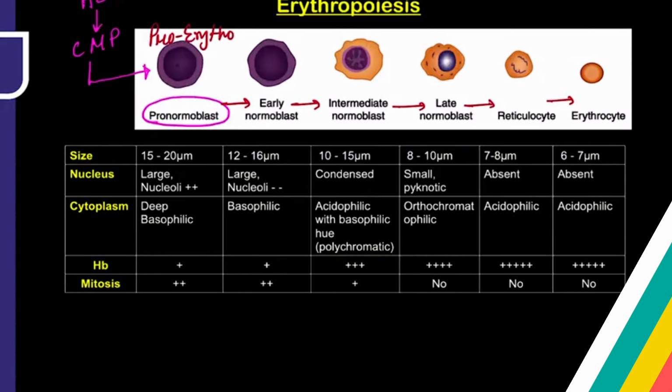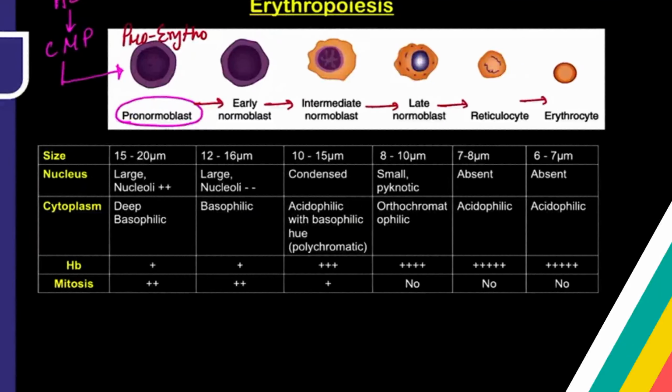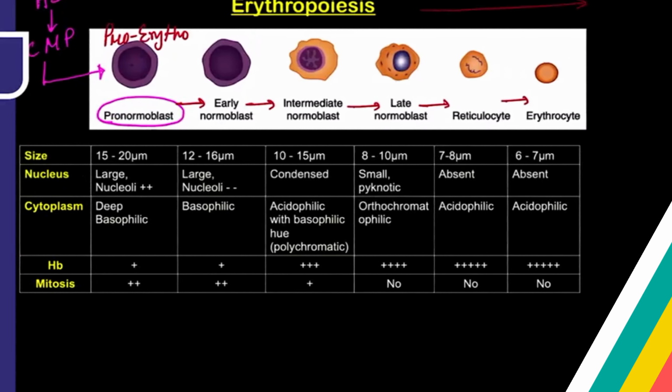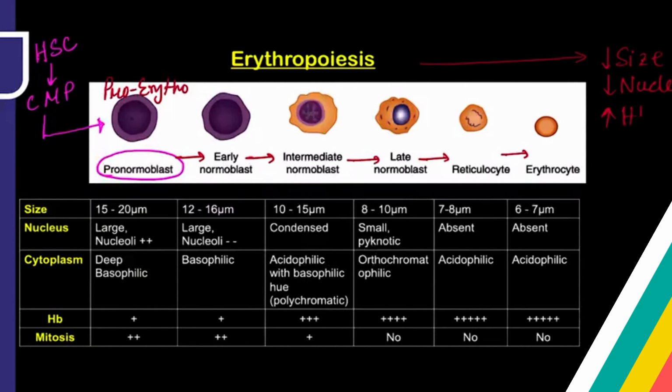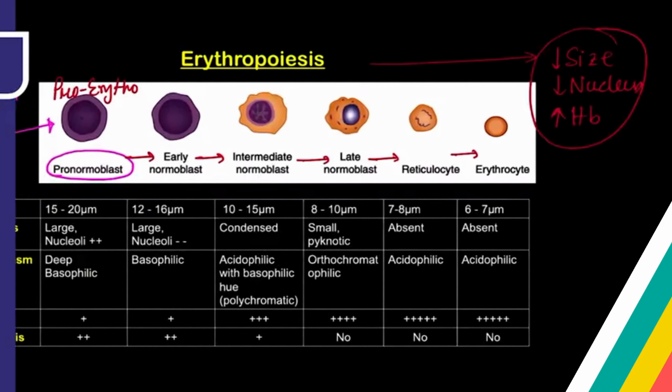Nucleus size is also decreasing, but the cell is becoming more and more pinkish in appearance. So during erythropoiesis there is a decrease in the size of the cell and of the nucleus, but an increase in hemoglobin content within the RBC, because of which it takes on more and more pinkish color.